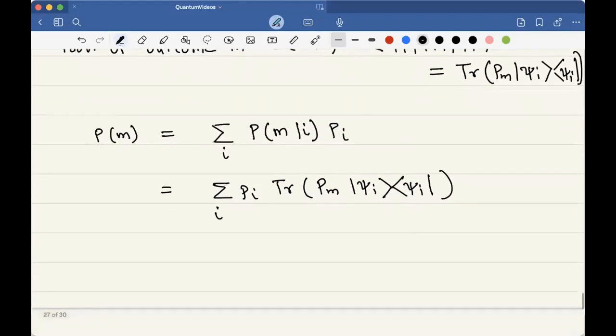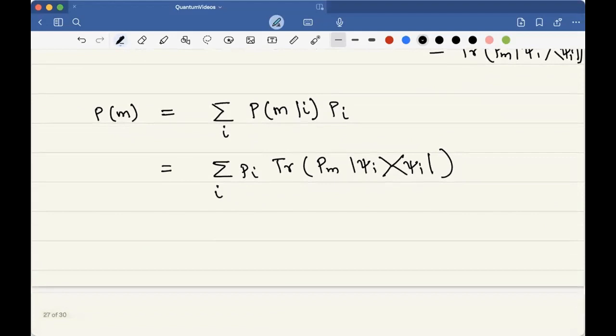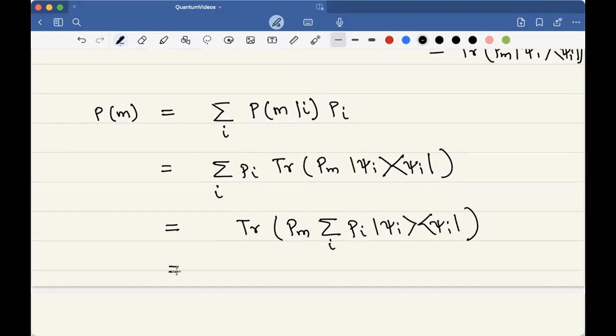I can take this probability in because of the linearity of the trace, and write this as the trace of P_m times the summation over i of p_i ket psi_i bra psi_i, which is going to be the trace of P_m rho. All right, so that is the probability of getting outcome m.